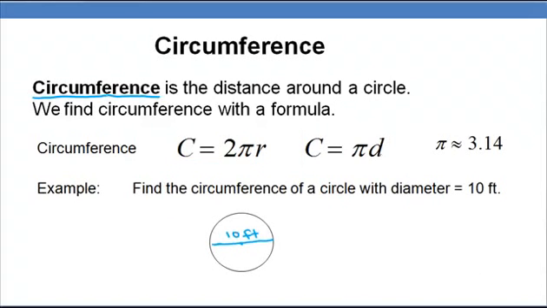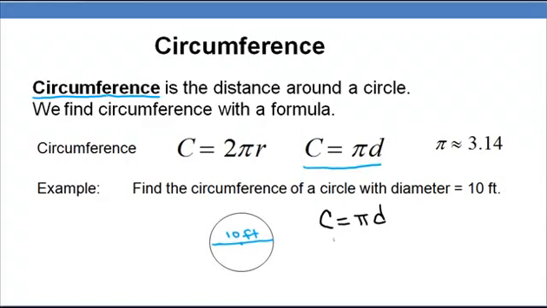Let's look at one more example. Find the circumference of a circle with diameter equal 10 feet. This time we'll use the formula C equals pi times d because we were given diameter. So we will substitute the 10 into the d.